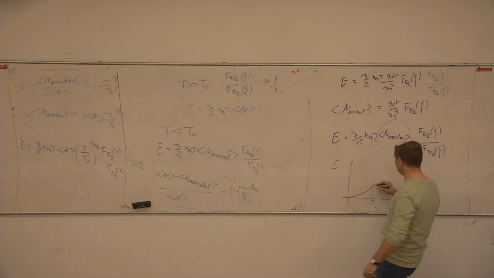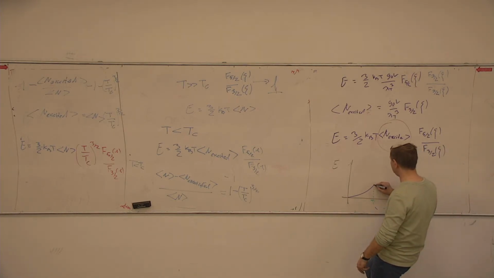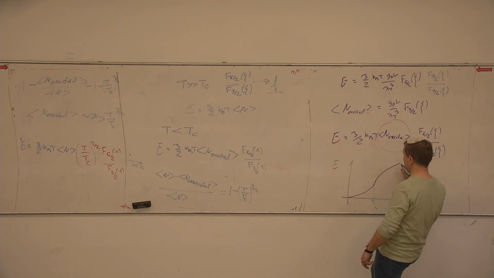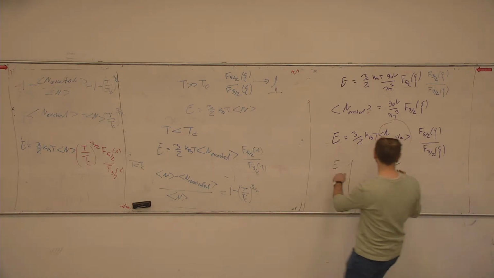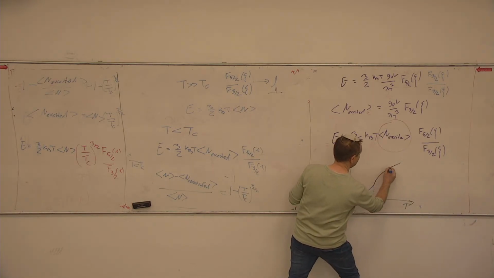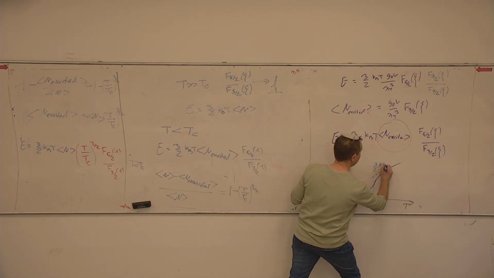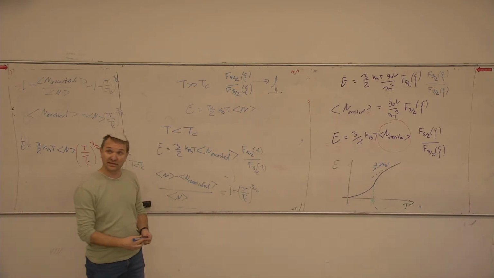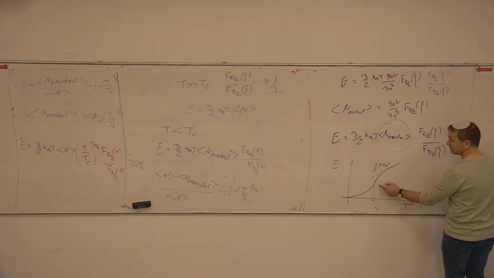Then it goes to something like this. This line over here is 3/2 n k Boltzmann. Okay, so there is something happening over here.